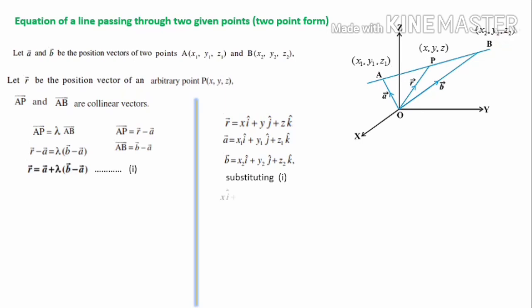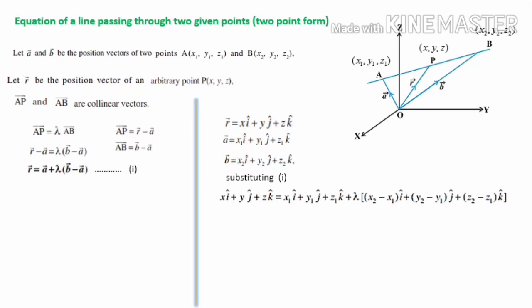Then substitute in equation number 1. Vector R, xi plus yj plus zk, is equal to, on the right side, vector A, x1i plus y1j plus z1k, plus lambda into B minus A. As before, we take the i components together, j components and k components together. That is x2 minus x1, because we need B minus A, so first x2, then x1.